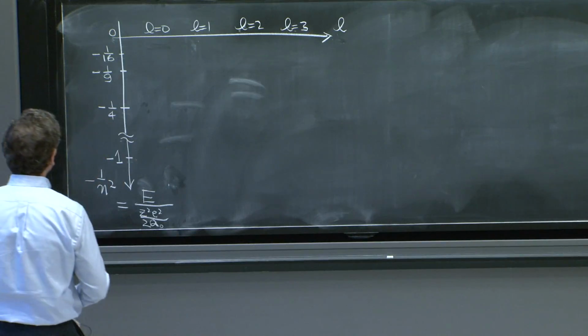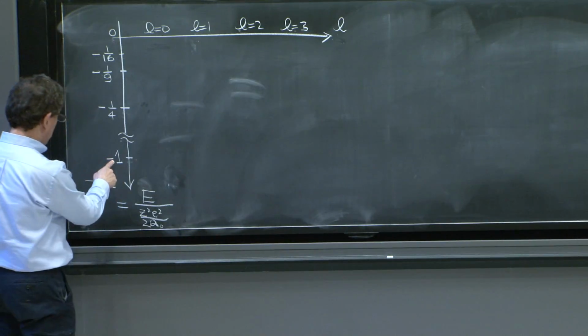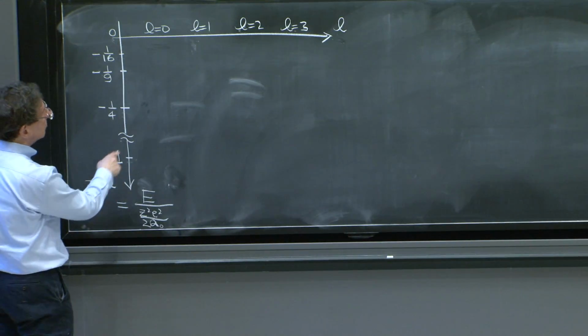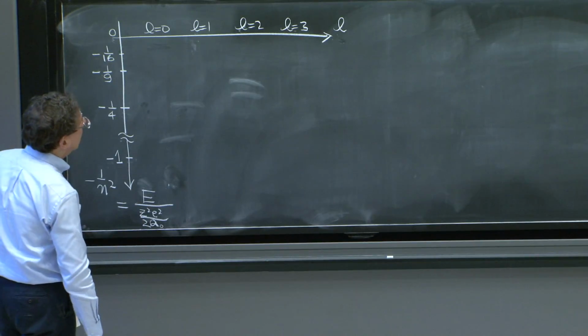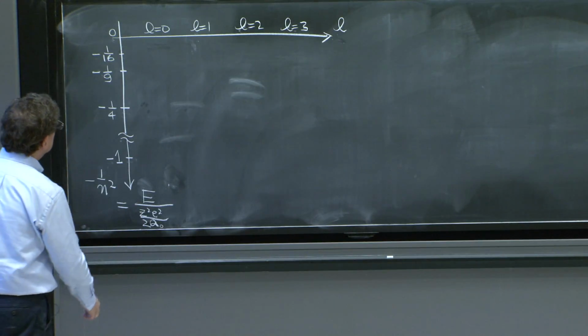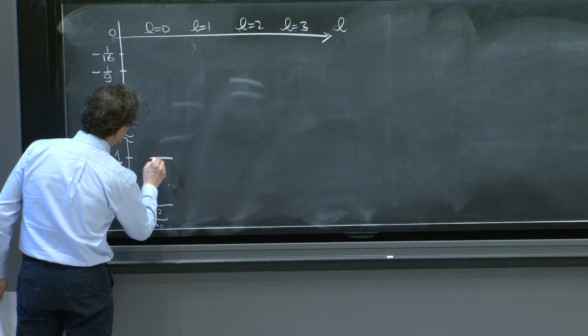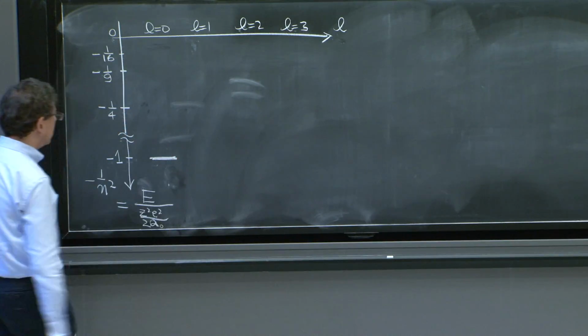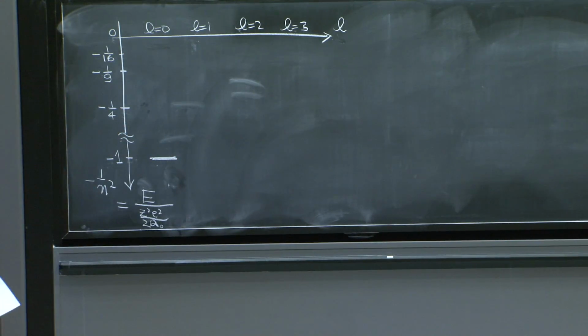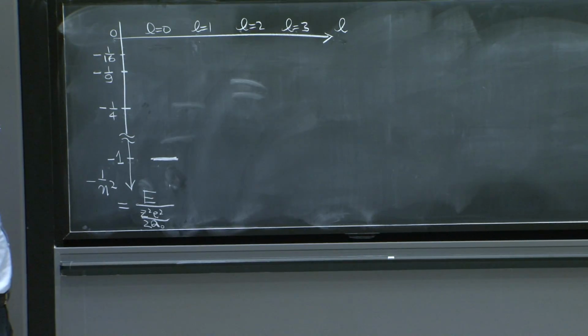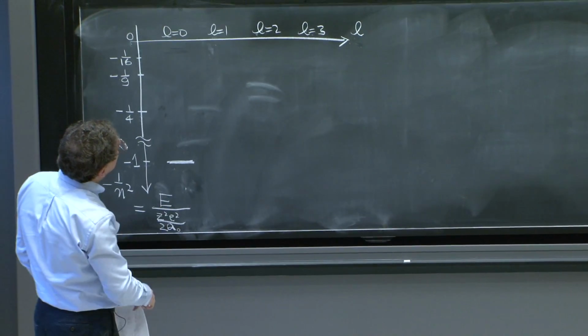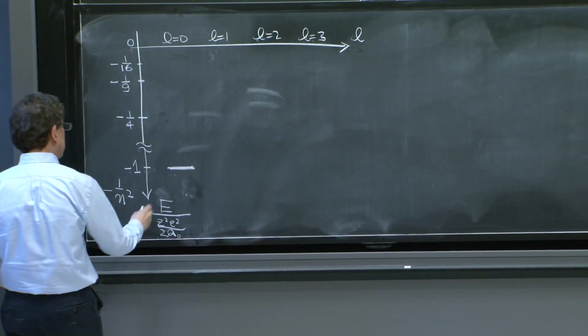So when n is equal to 1, L can be only 0. So you have one state here. L is equal to 0, and n is equal to 1, and capital N is equal to 0.